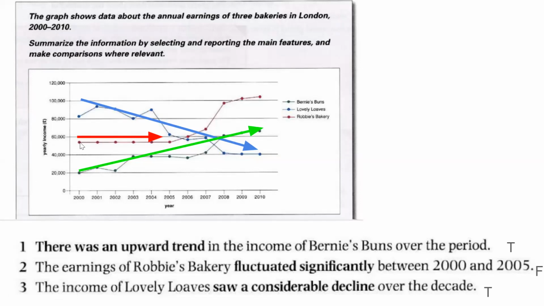So here, Robbie's Bakery, red, it's false. In the first part of the period between 2000 and 2004, it's stable. It doesn't go anywhere, while fluctuated means go up, down, like that.